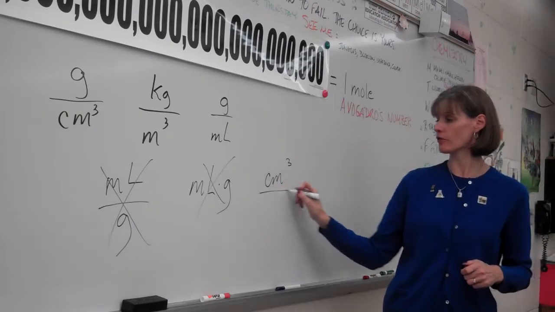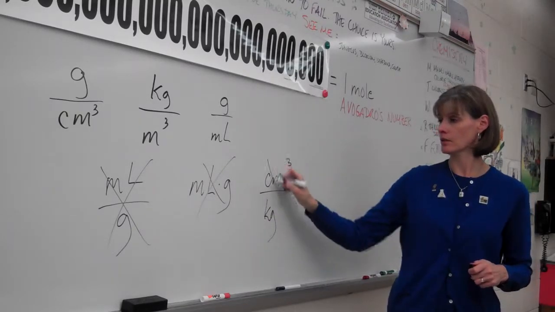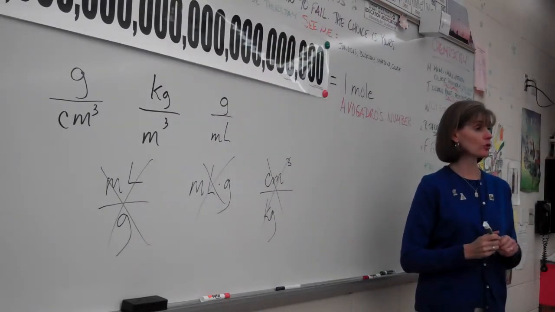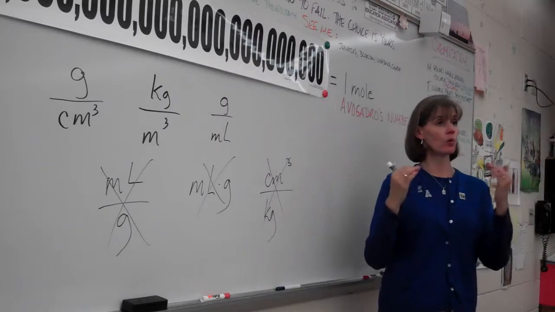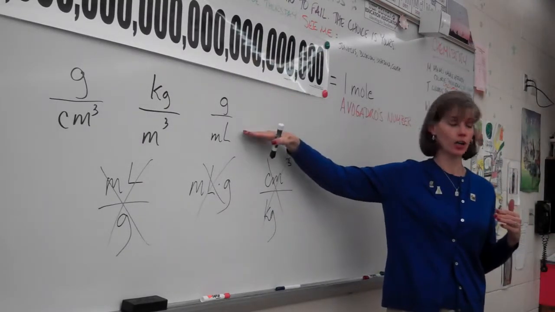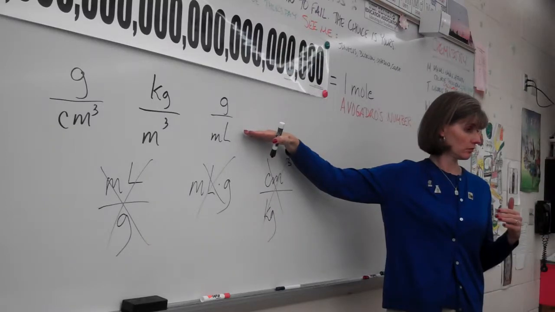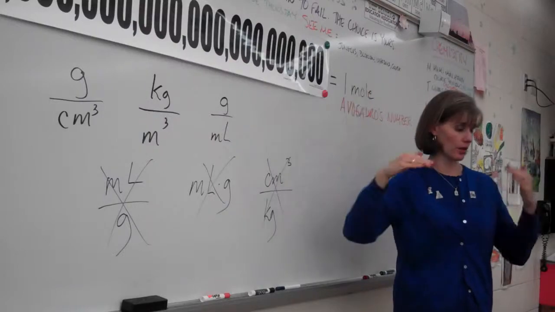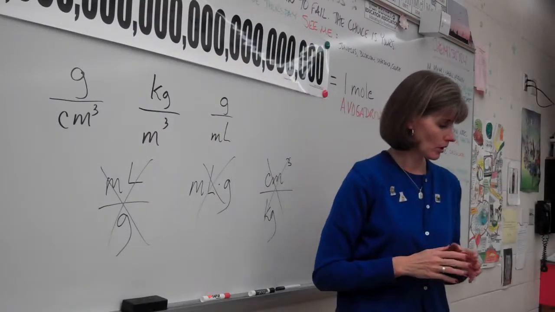Centimeters cubed over kilograms, not good. So you need to understand what units we measure mass in and what units we can measure volume in, and make sure that they're in the right ratio. Alrighty.